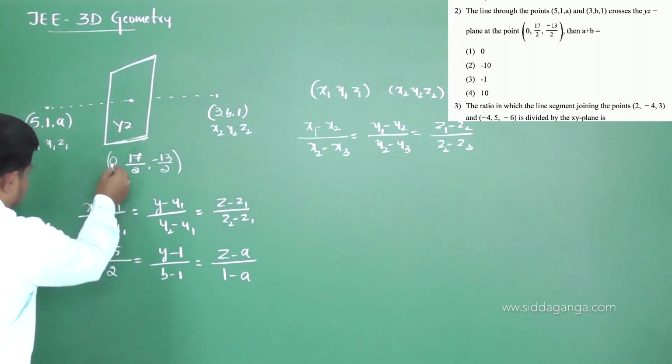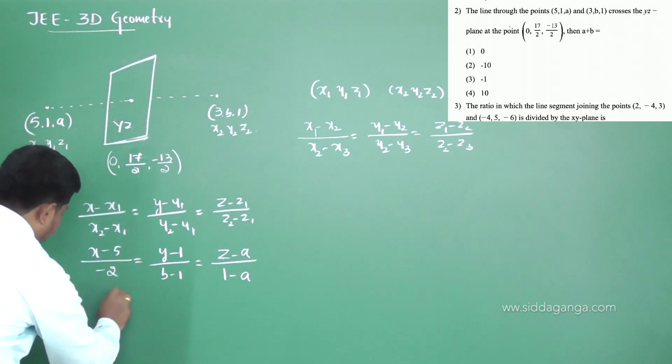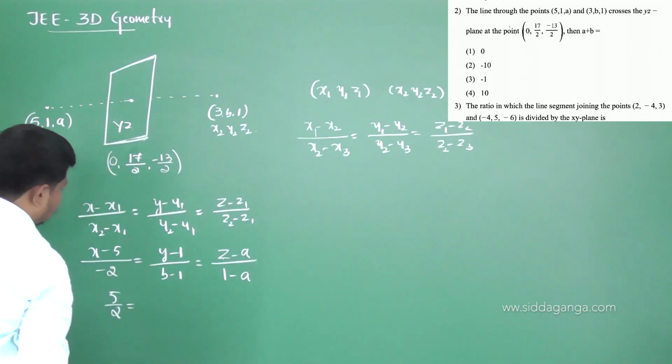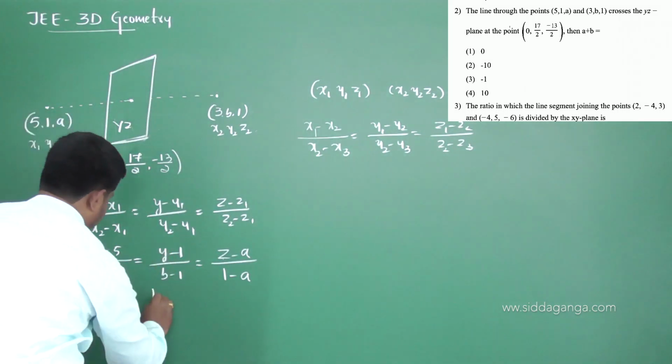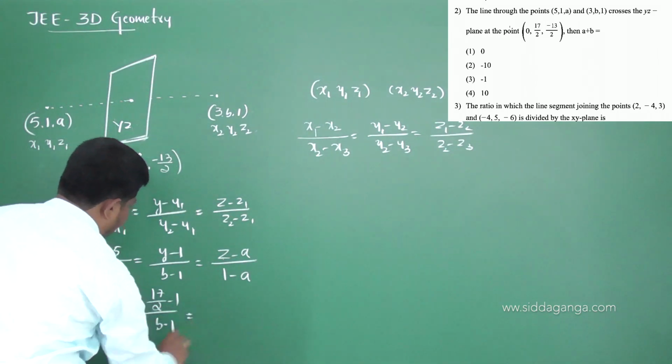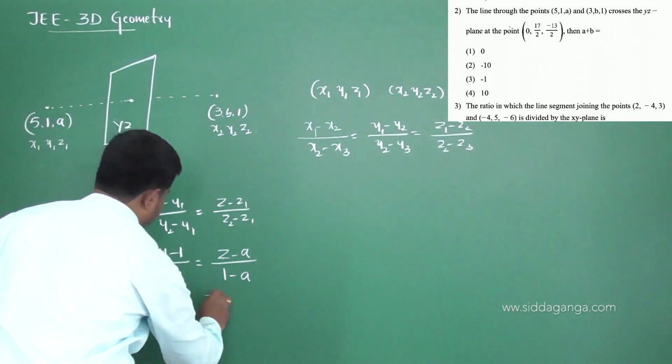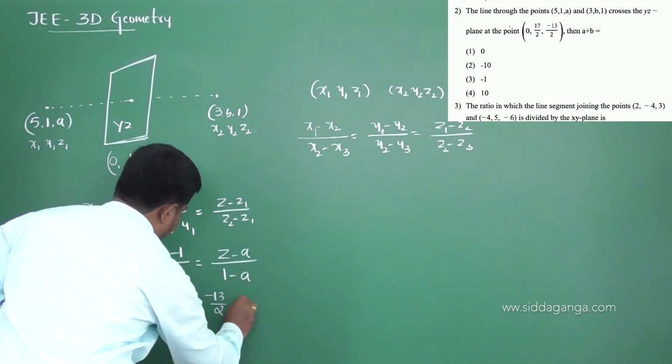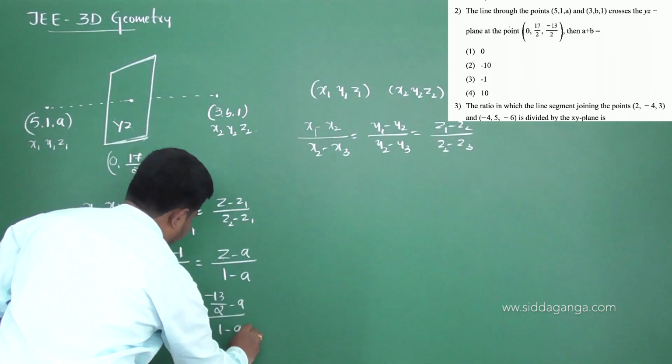So now in place of x put 0, that is minus 5 by 2, you get 5 by 2, that is equal to y, 17 by 2 minus 1 divided by b minus 1, that is equal to z, minus 13 by 2 minus a divided by 1 minus a.